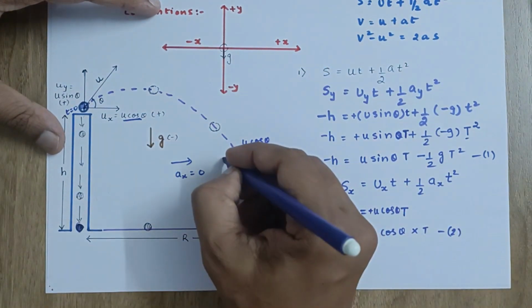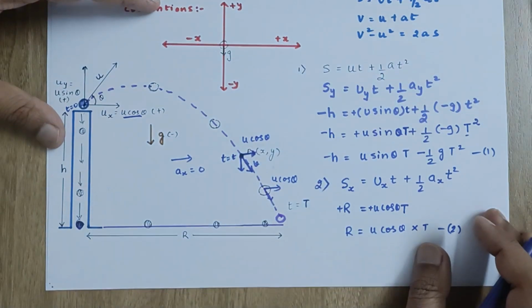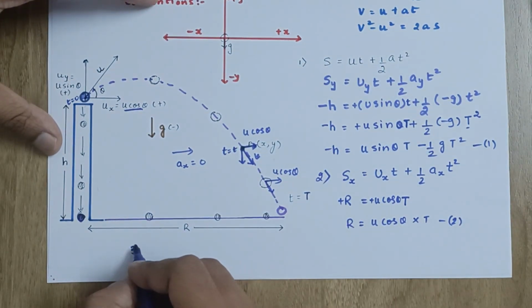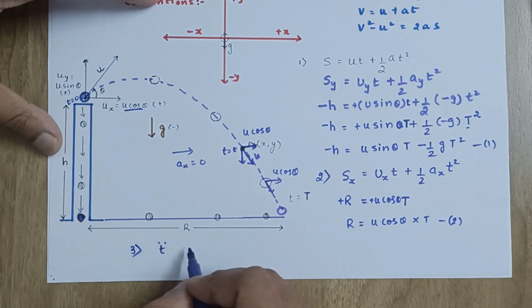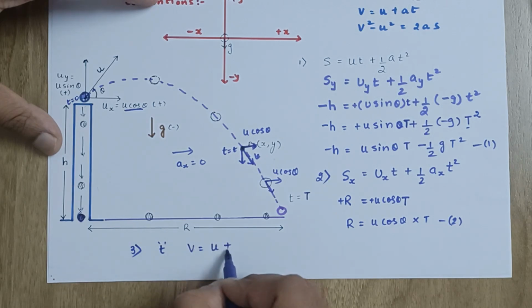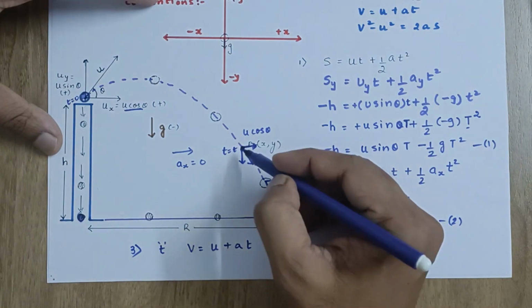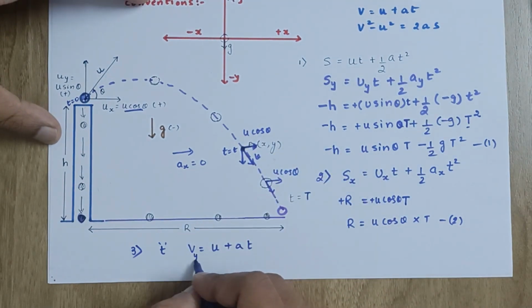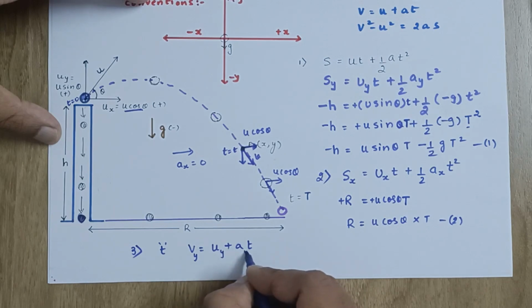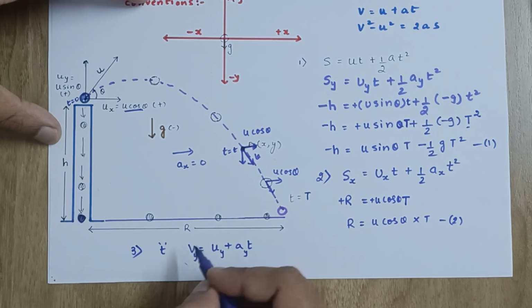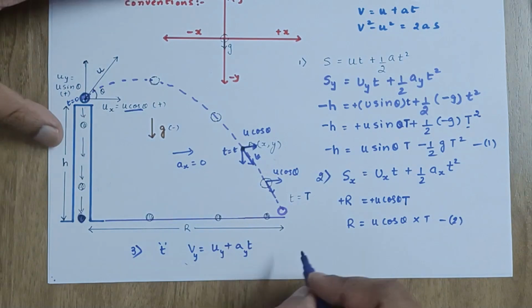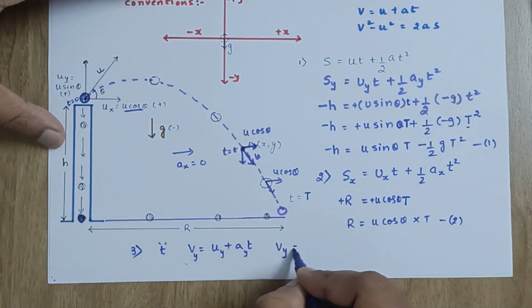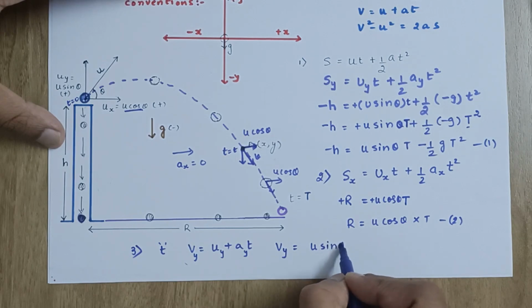So let's say here time is small t. Okay, so this is our third part, and at time t I'm going to use v is equal to u plus at. Since I'm interested in finding the velocity y component, I'm going to write this as vy equal to uy plus ayt. I'm supposed to find out vy here, the velocity y component. So vy is equal to u sin theta.